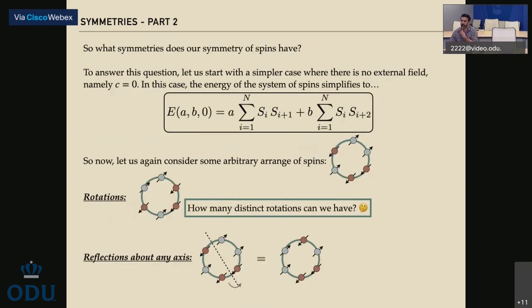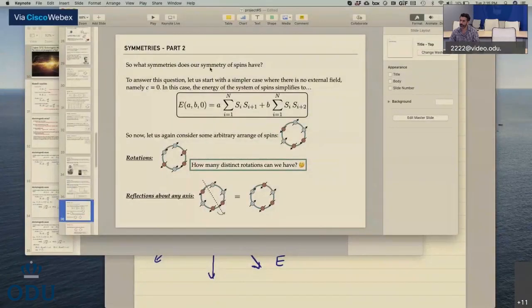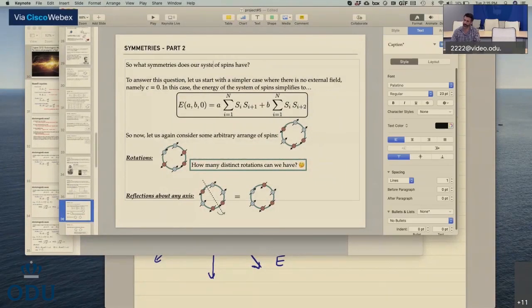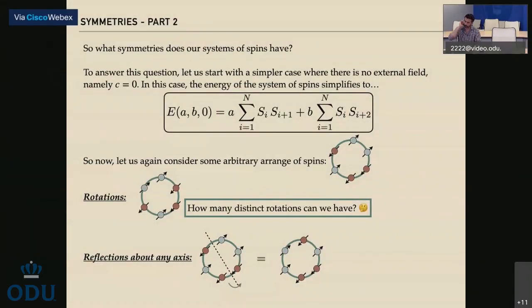So what we can start to ask ourselves is, what kind of symmetries does our system of spins have? In general, the expression that I wrote down is kind of complicated.